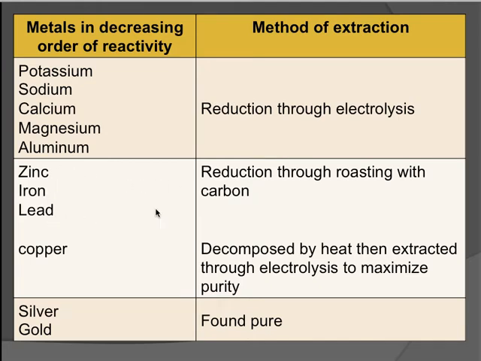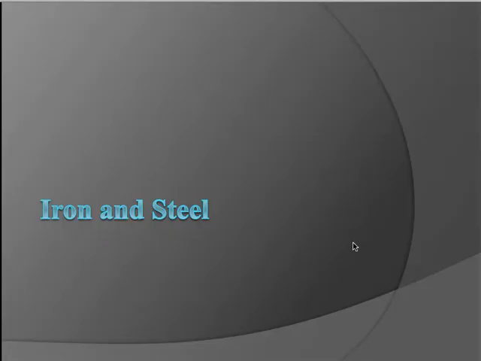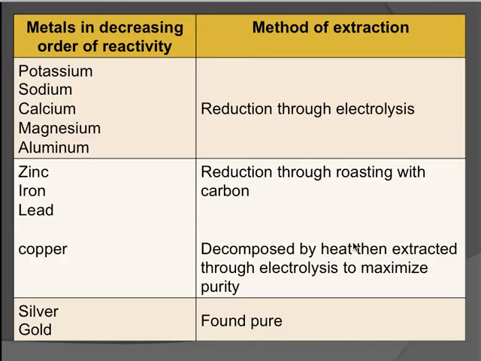Zinc, iron, lead reduction can be accomplished through roasting with carbon, and then copper is decomposed by heat and then extracted through electrolysis to maximize the purity. And you do kind of have to know where these different metals fit in. That is something that the IB expects you to know.